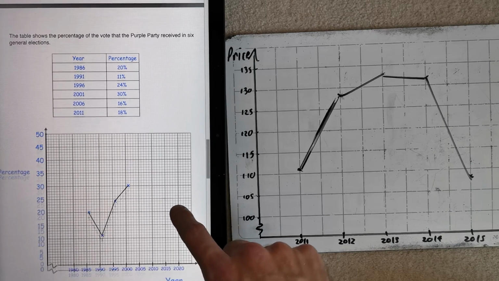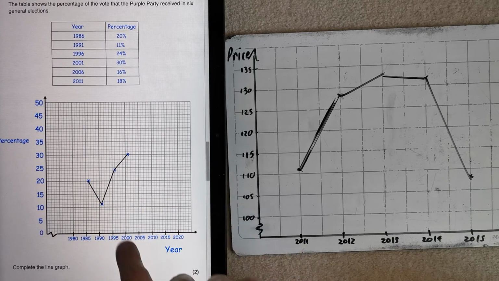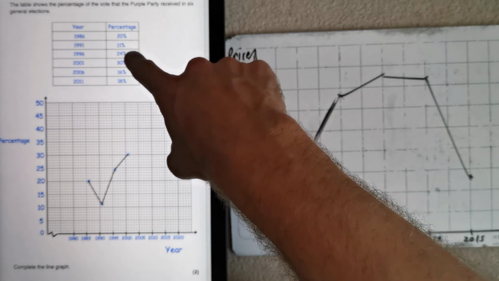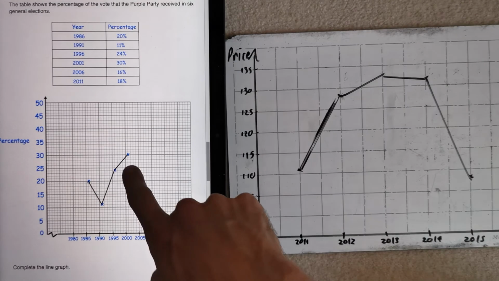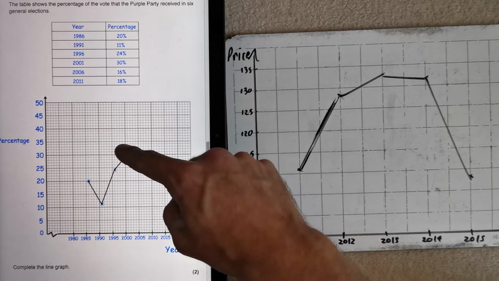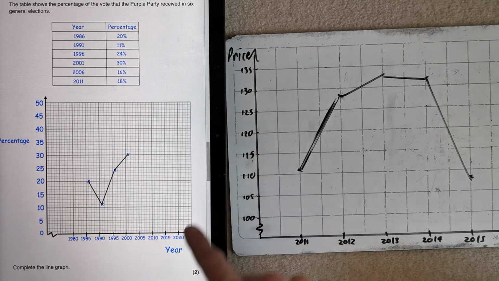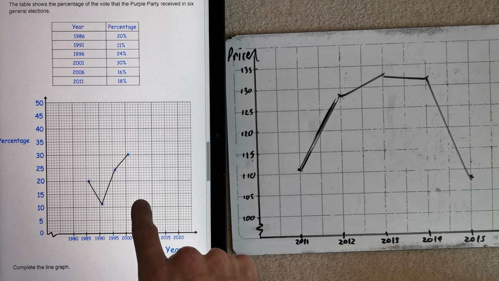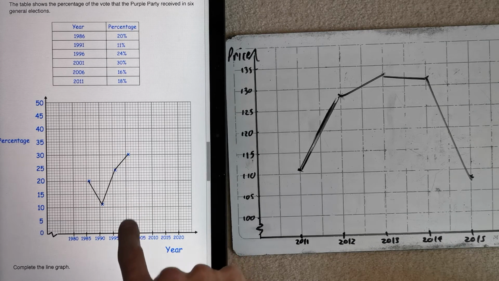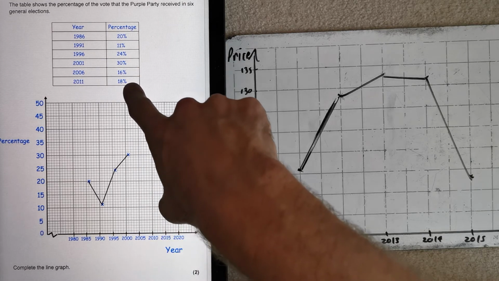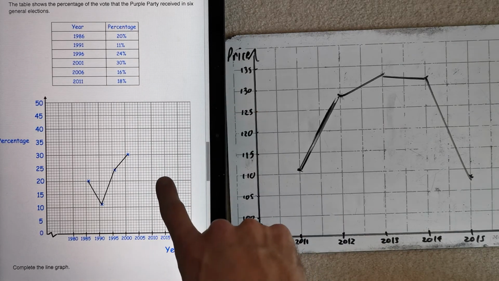There are some other ones here to complete the line graph as well. Have a look. So 20%, 11%, 24%, 30% in 2001. 16% in 2006, that would drop down to about there, and 2011 goes up by a little bit.